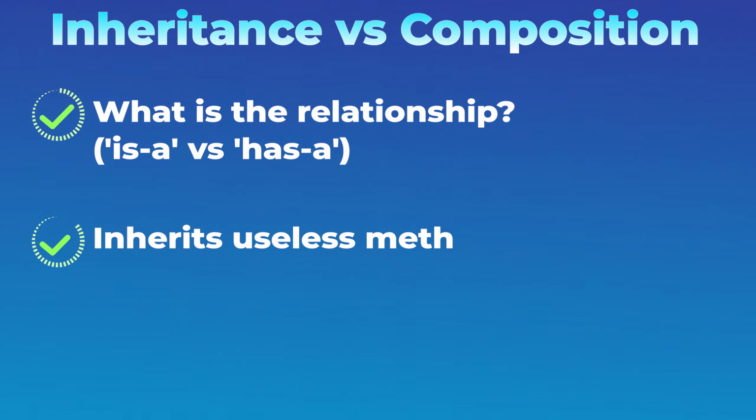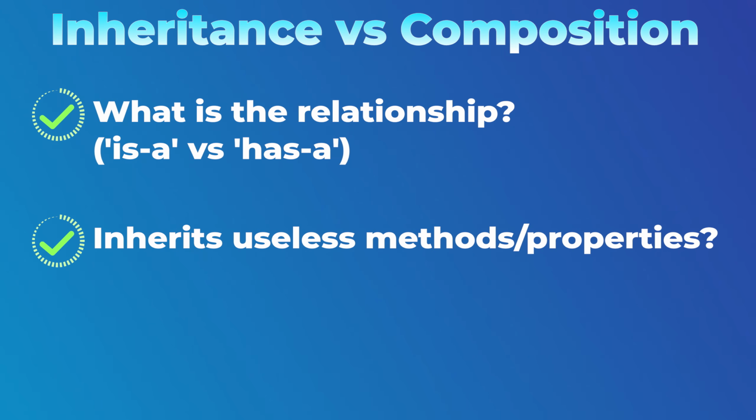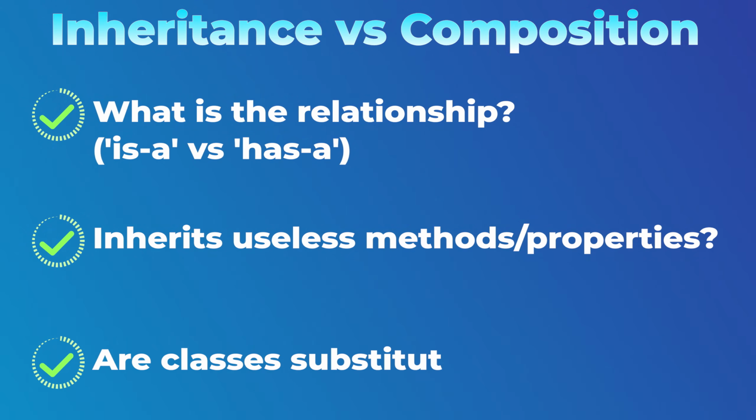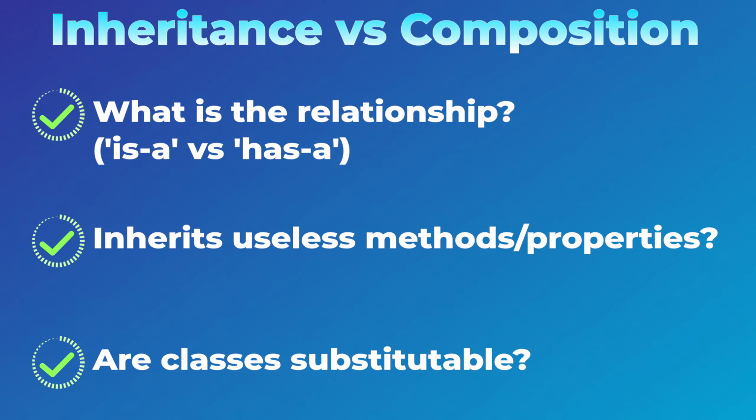Are there any unnecessary methods or properties that are needed in parent but not needed in child class? In other words, am I going to be hacking things or overriding things to change or disable functionality? Are classes substitutable? And so on. In most cases though, I go for composition because it is what makes sense. In addition to that, writing unit tests when using composition is much easier.